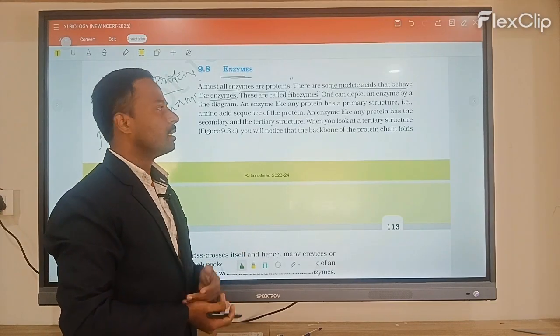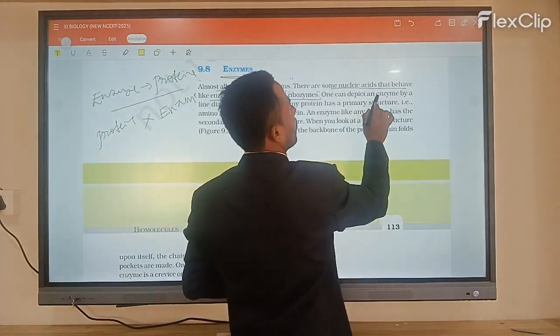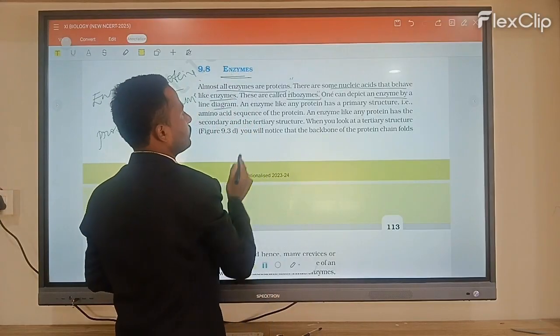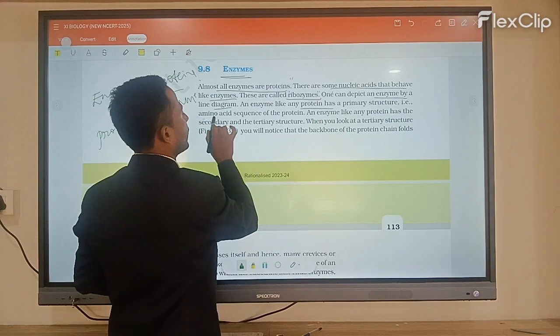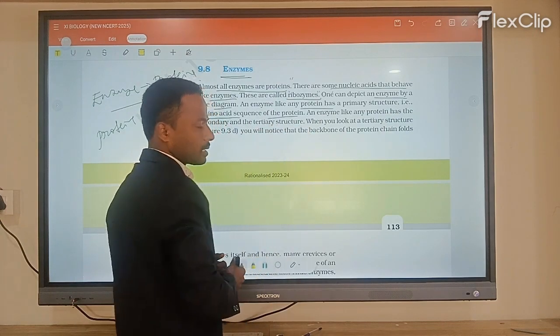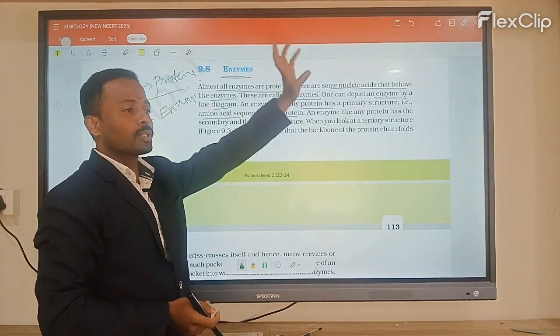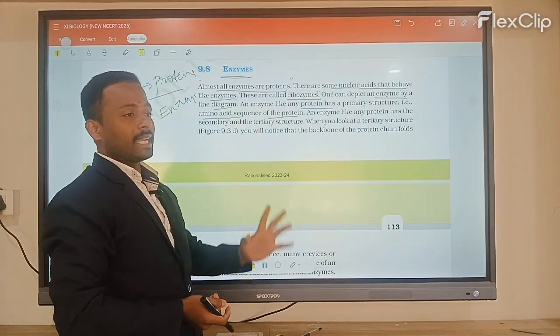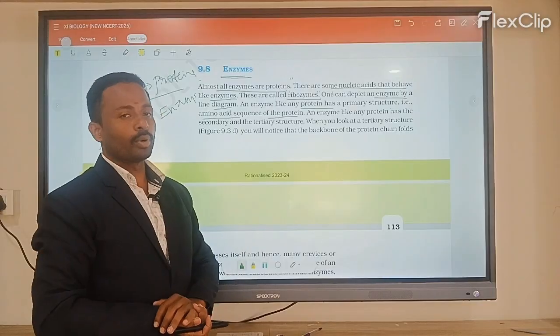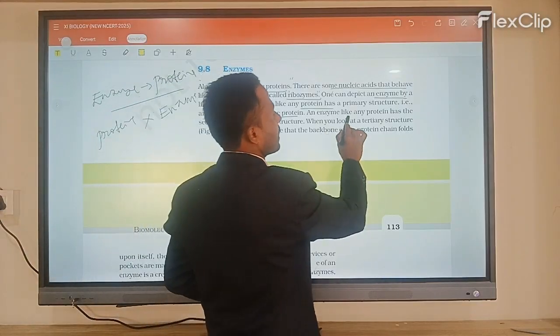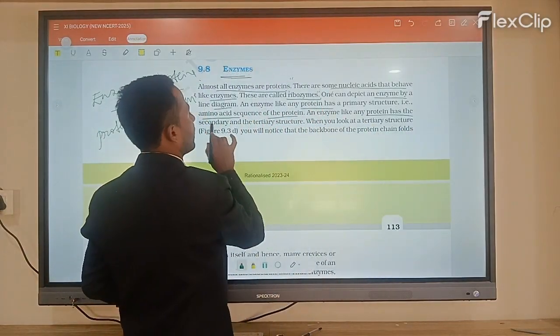Am I right? Here is the enzyme diagram. An enzyme is a protein with a primary structure, which is the amino acid sequence of the protein. Mostly, enzymes have one specific sequence of amino acids. The enzyme protein also has secondary and tertiary structures.